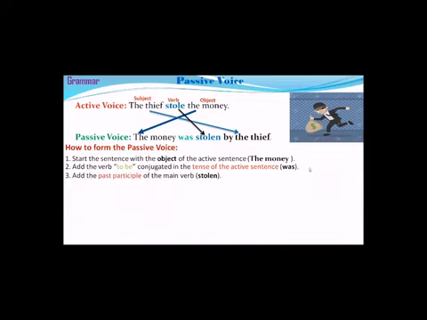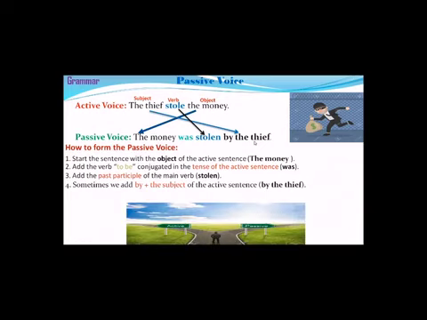Number 3, add the past participle of the main verb. We should add the past participle because the verb here is stole. It is an irregular verb. The past participle of stole is stolen. The last step: sometimes we add by plus the subject of the active sentence, by the thief, like what we have here.